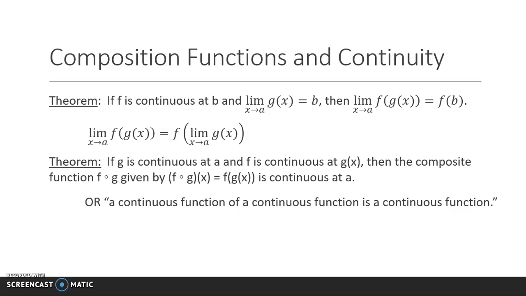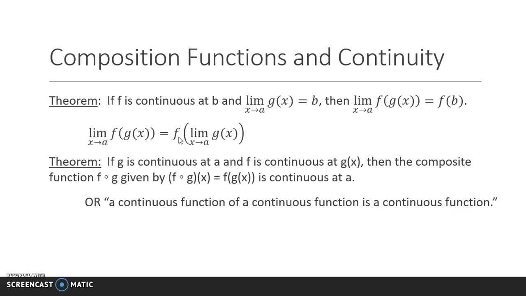But basically what that's telling us is that if we have continuity, I can do the limit of the inside function, find that value, and then just plug it into my f function. That's all it means. So if I have a composition of functions, I can find the limit of the inside function, then take that value and plug it into my outside function.